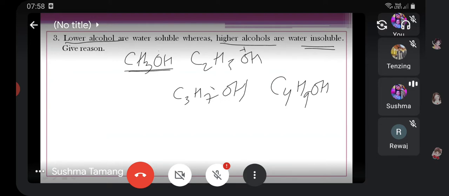So तिम्रो यो जुन चाहिँ छ, यसले हाइड्रोजन बन्ड फर्म गर्छ हैन, यहाँ पनि हाइड्रोजन बन्ड फर्म गर्छ. अब यहाँ के हुन्छ, because of the increase in the number of carbons in a chain, तिम्रो hydrophobic part or non polar part ज्यादा बेसी हुँदै जान्छ, okay, bigger and bigger. Because of the increase in the number of carbon atoms, we have already known very well, the carbon chain जुन चाहिँ छ it is hydrophobic or non polar.